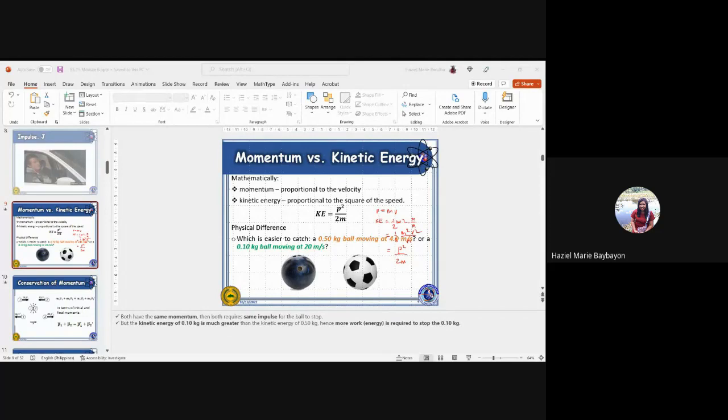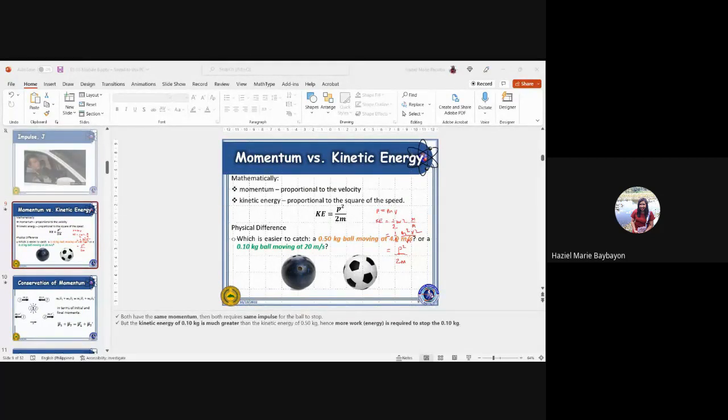So, can you help me calculate their kinetic energy? So, 1/2 times 0.5 times v squared. So, 1/2 mv squared, you have 16, 1/4 of 16 is 4. 4 joules ni siya.